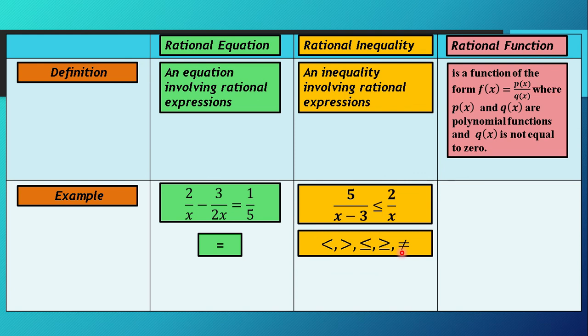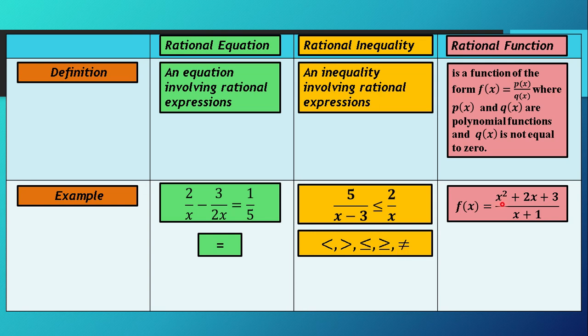At panghuli, rational function, gaya ng previous na na-discuss natin, it's a function of the form f of x is equal to p of x over q of x, where p of x and q of x are polynomial functions, yung numerator at denominator ay polynomial functions, at ang q of x ay hindi pwedeng maging equal sa 0 kasi magiging undefined yung function. So ang mga examples natin dito sa rational function ay f of x is equal to x squared plus 2x plus 3 divided by x plus 1.